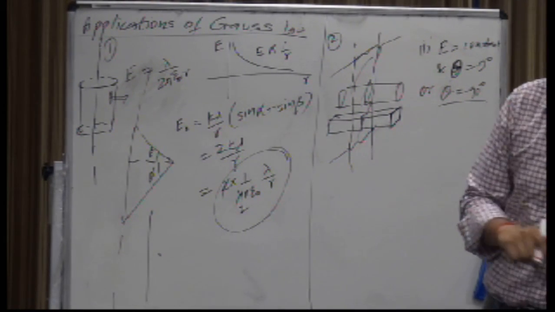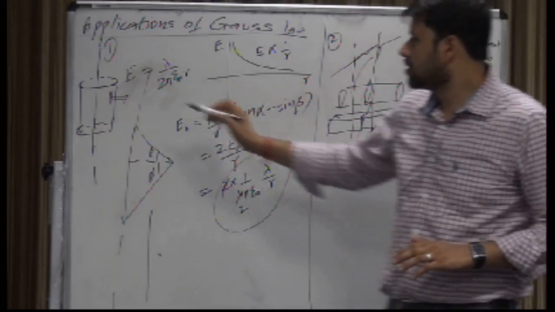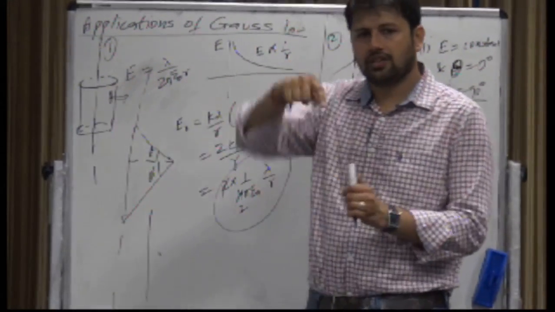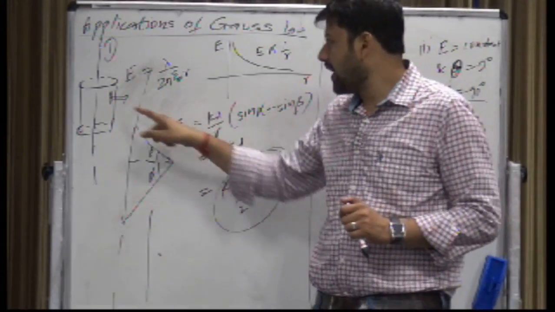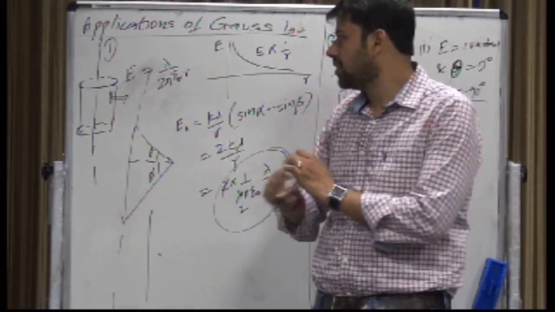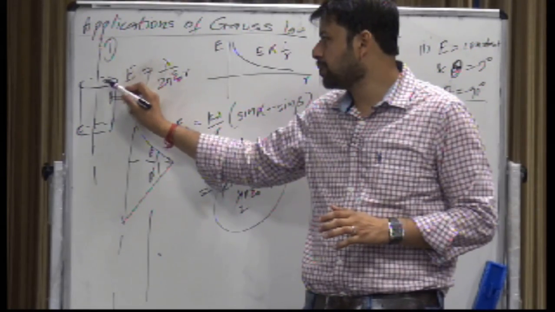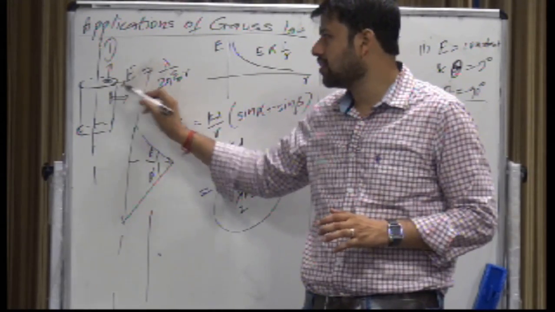This is the direct criterion. So all points on the curved surface have the same magnitude and the angle is 0, while all points on the flat surface have area vector and E perpendicular.